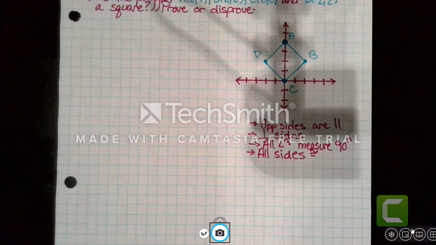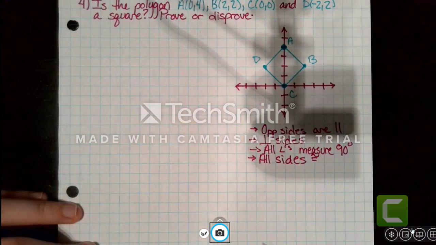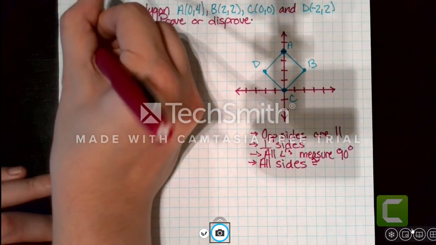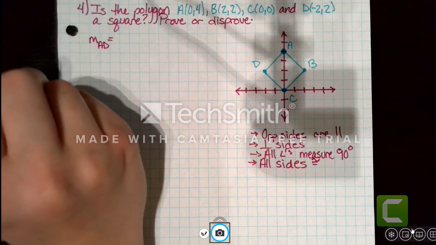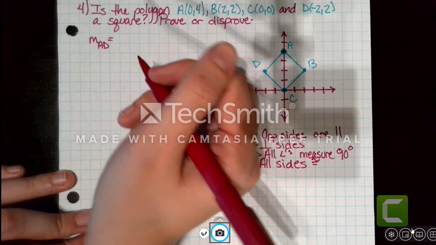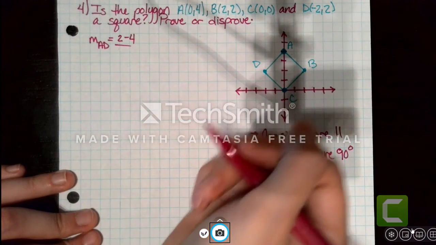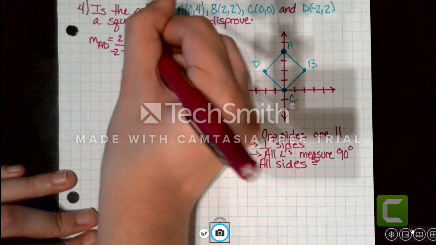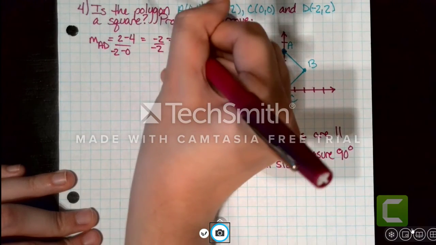So first, let's start with our slopes. Again, we are going to be following the same formula that we have been. The slope for AD is equal to 2 minus 4 all over negative 2 minus 0, which will get us a value of 1.